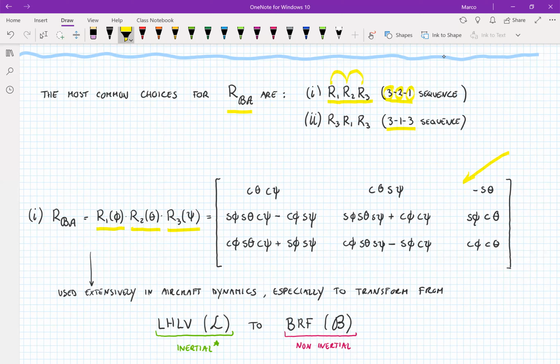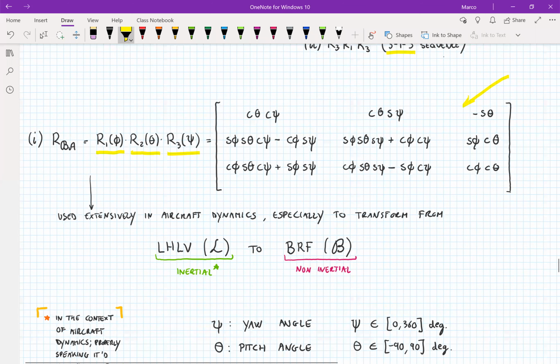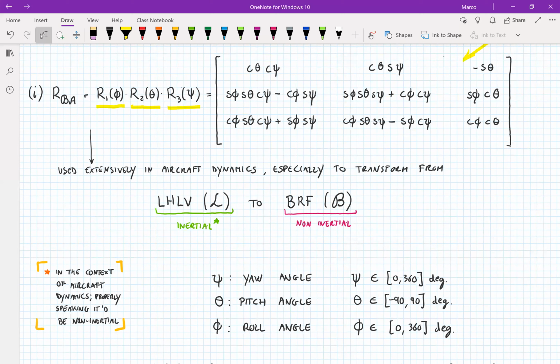I'm not going to read out term by term because it's just going to take us too much time. But this is the result. And this kind of rotation sequence, 3-2-1, is used extensively in aircraft dynamics.